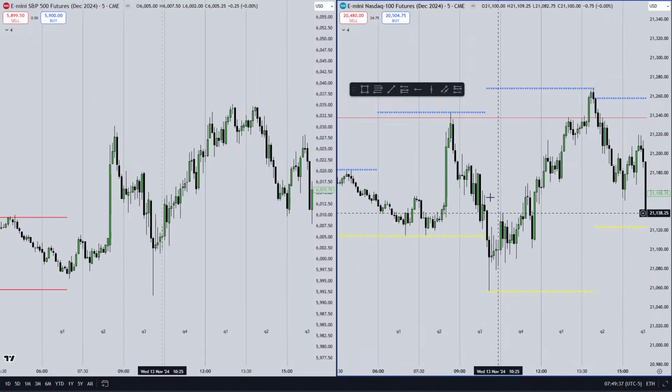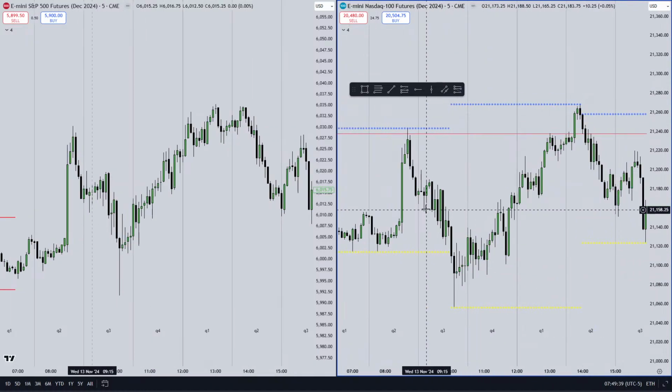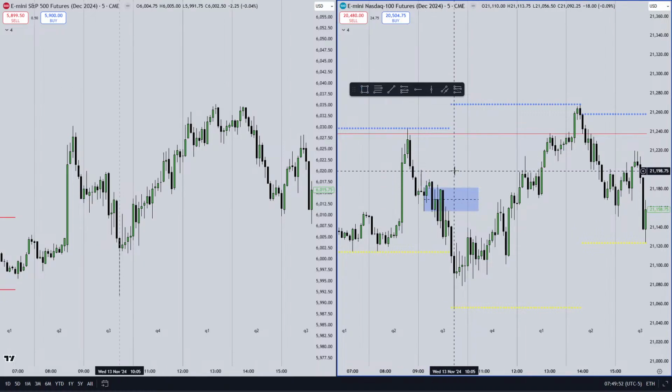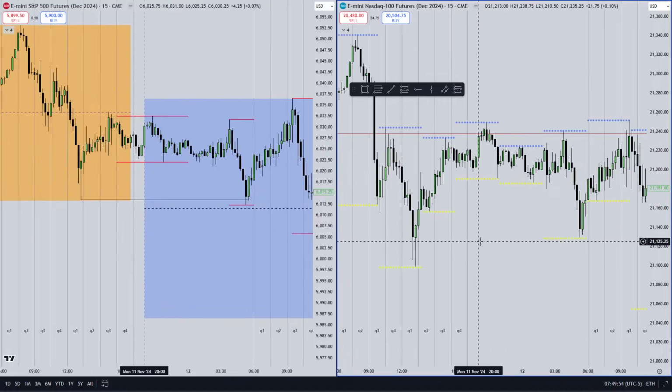Okay. So what I did was in the 5 minute, I looked at this big bullish candle. I kept my eyes on that, and I shifted my chart to 15 minutes to see if I have something there.